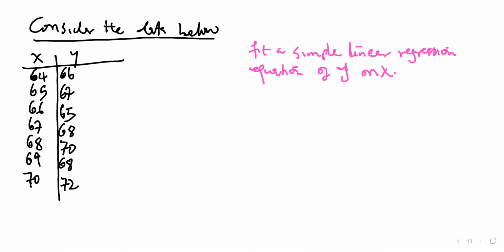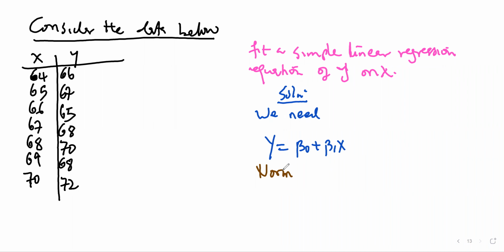So when you're given a question like that, you note that we need an equation of the form y is equal to beta naught plus beta 1x. Once you know the equation that you need, you write down the normal equations that correspond to that regression equation.